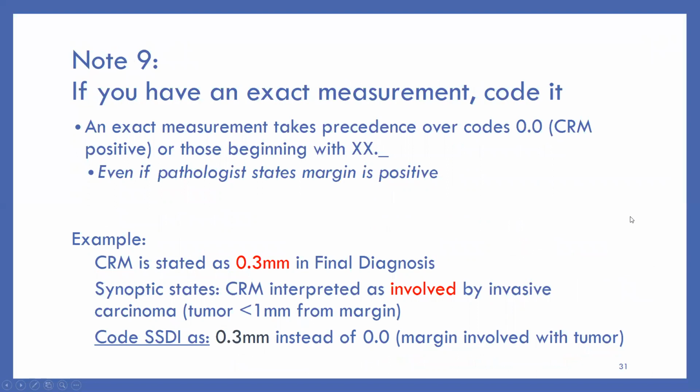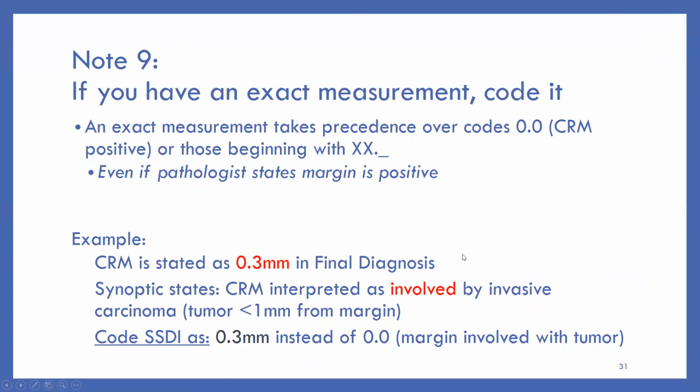Looking at note 9 again, if you have an exact measurement, code it. That exact measurement will take precedence over code 0.0 for those radial margins that are positive, even if the pathologist states the margin is positive. If you have an exact measurement, do take it.